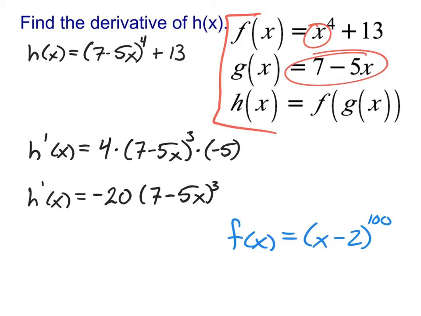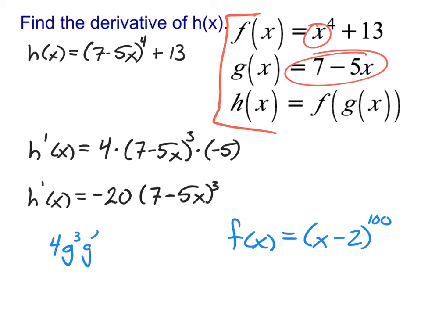Now you'll notice here that for all of these we are using that rule where we found that the derivative of g to the 4th was 4 times g cubed times g prime. You might have noticed that it's almost like you got a little bit of power rule in there, right?